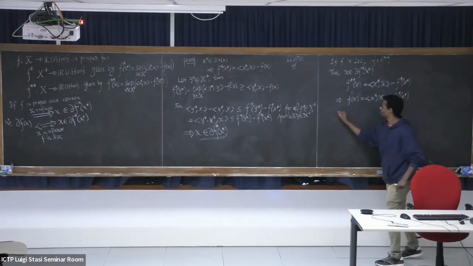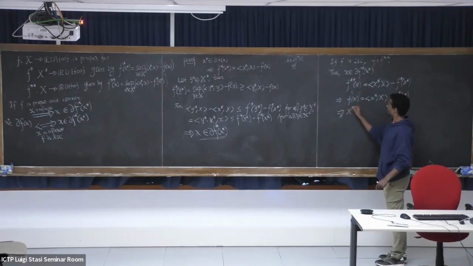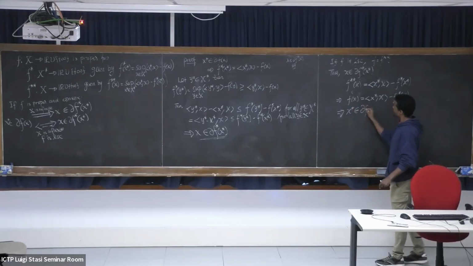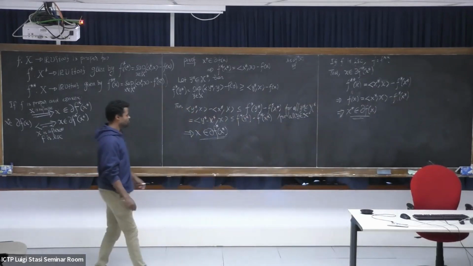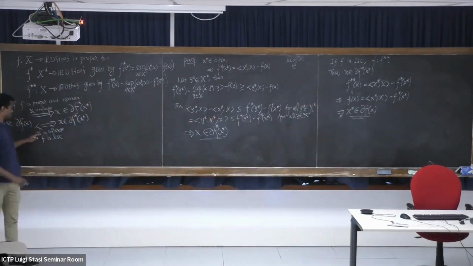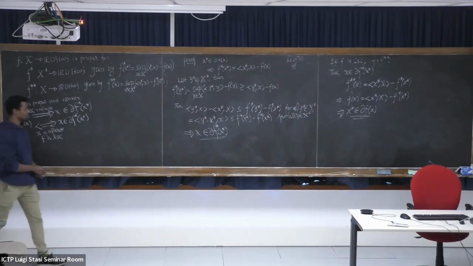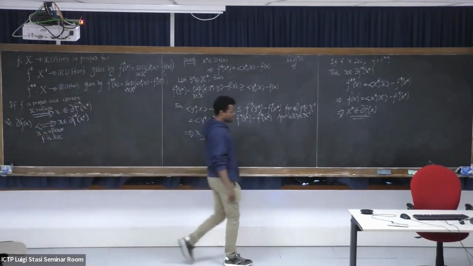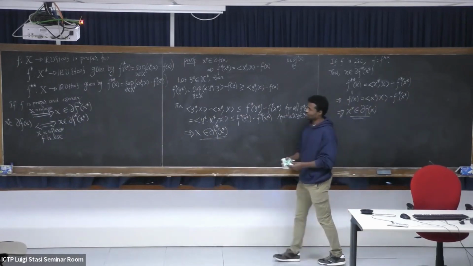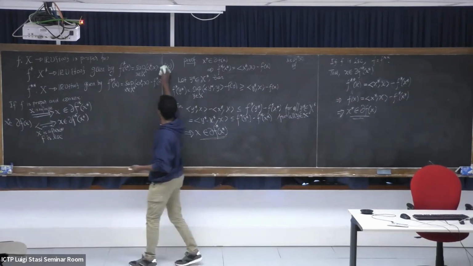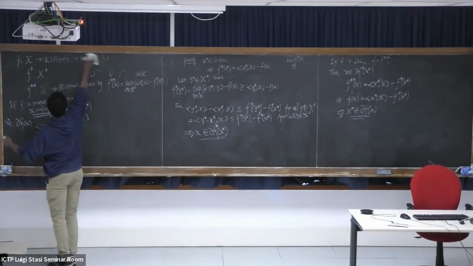This is equivalent to saying that x star is an element of the subdifferential of f at x. So if this condition is satisfied, this direction holds only if x is reflexive. Now having this in mind, we can go to duality and optimization.